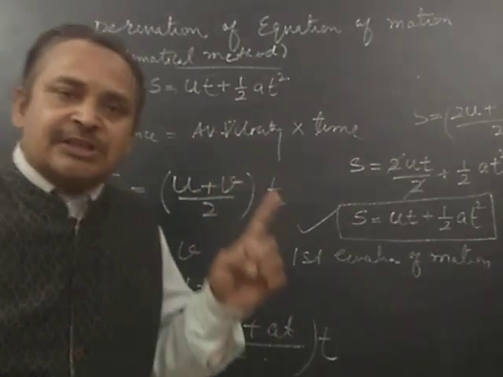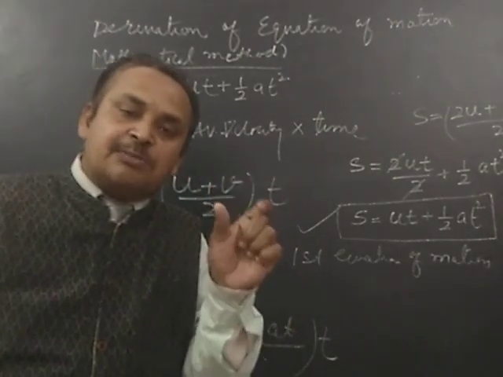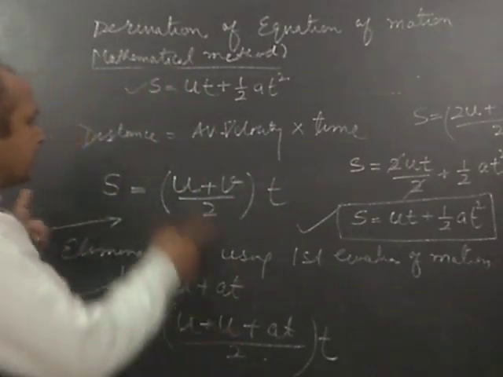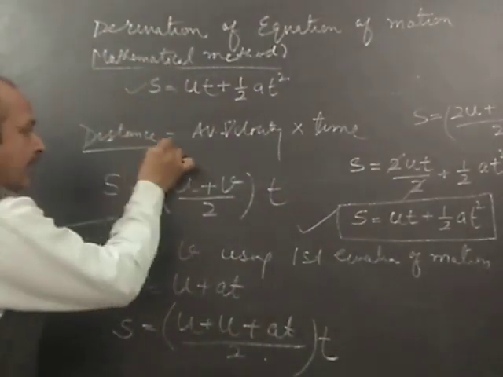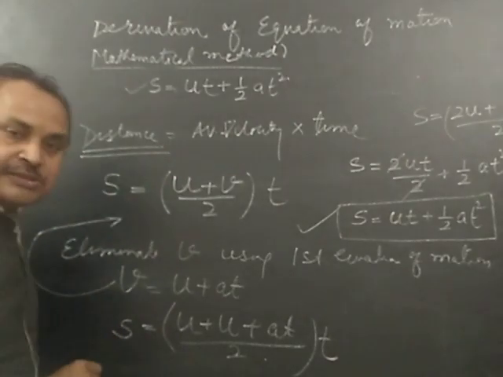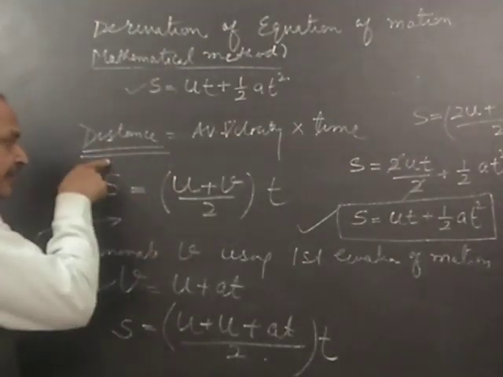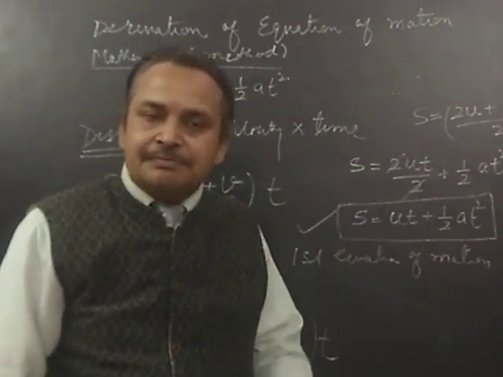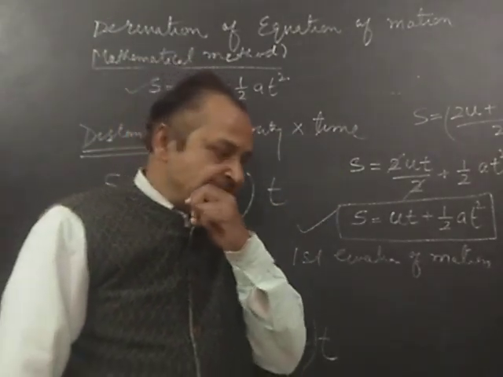Like in the first equation we discussed the concept of acceleration as the key point, and in the second equation of motion I discussed the distance. This is the key point. And what is distance? Average velocity multiplied by time. Clear?